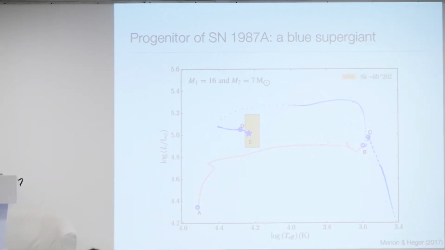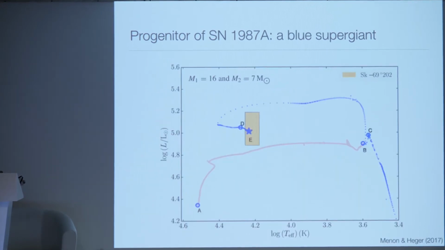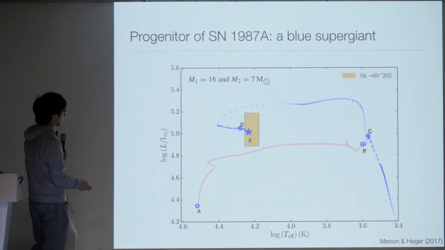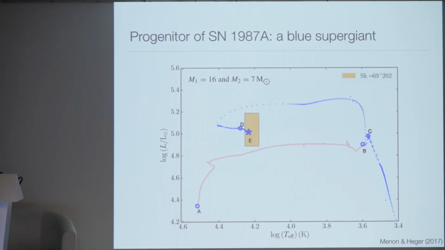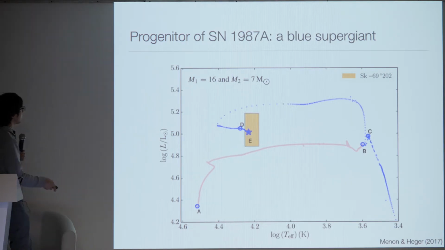So we were talking about 87A, and this is one example of binary stellar evolution which leads to 87A, which was located here. This is one particular case. This star was 16 solar masses, and the other star, which we don't see now, is 7 solar masses, in a binary system.